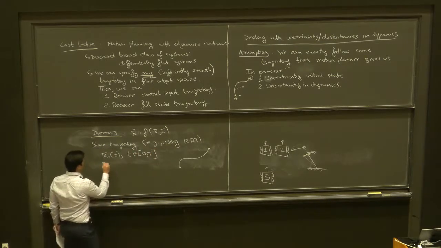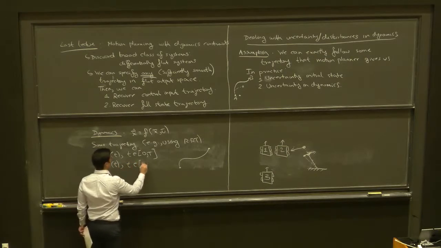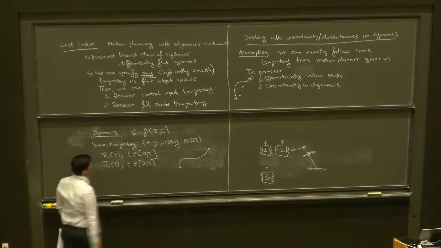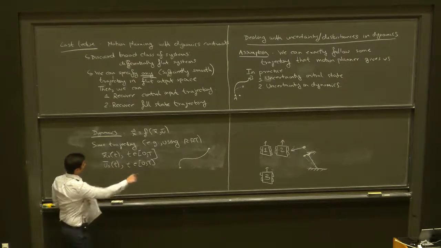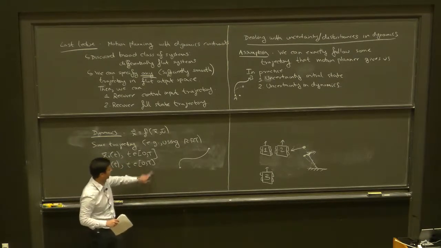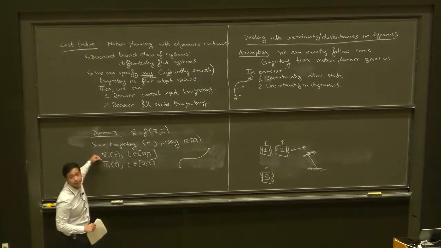And you have some control input sequence as well. So basically, if you start off at the initial state and you apply this control input sequence over the period 0 to capital T, then you follow this trajectory x0 of t.